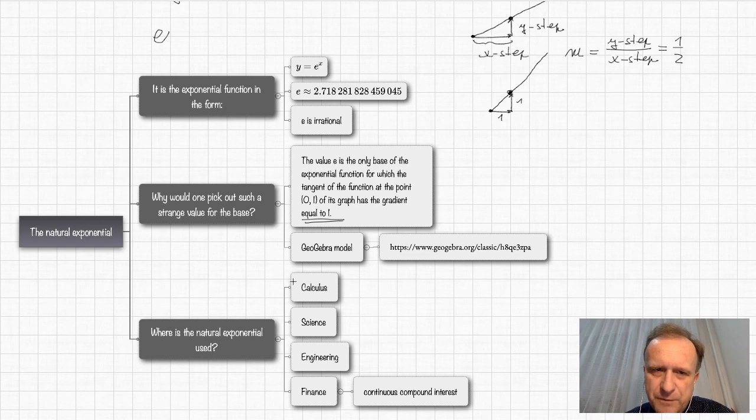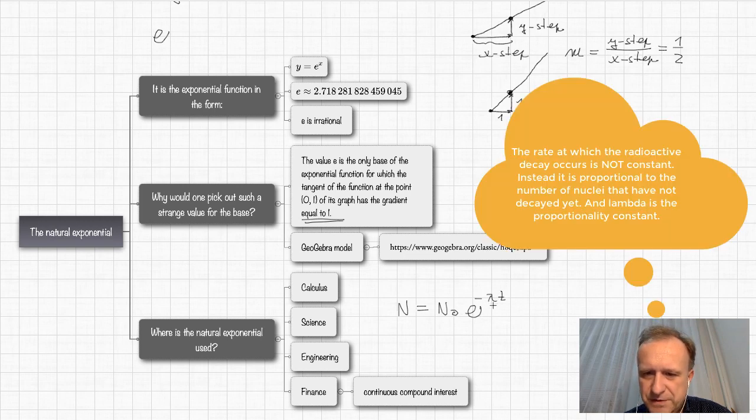So in physics, for example, you can encounter E in, for example, the radioactive decay. If you have the number of atoms or nuclei which have not decayed yet, then the formula given for this number is the following. It's like this, and the lambda is a constant, the constant rate at which the radioactive decay occurs.